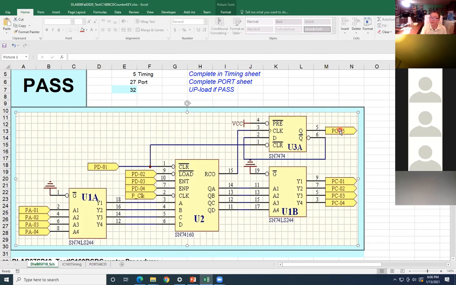If they do not go to 1, what caused the problem? That means I'm talking about PCOM. If it doesn't change to 1, you're going to want to check pin 3 and your RCO, pin 15 of U2.